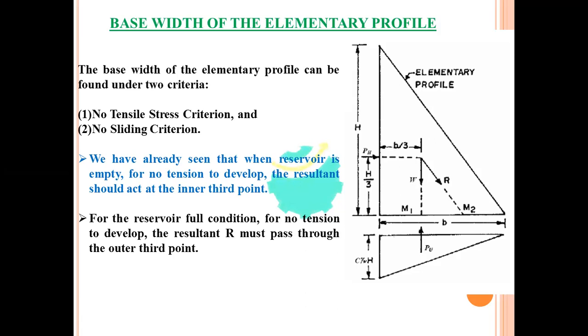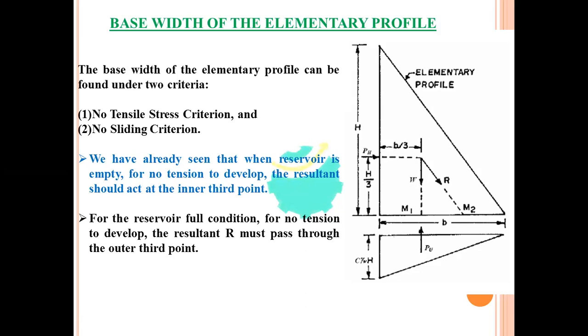In the no tensile stress condition, we take the reservoir as empty. In the reservoir empty condition, we assume that no tension develops. We should take care that at no point of the dam is tension created.